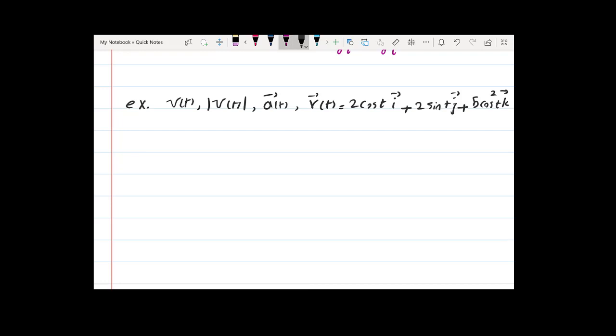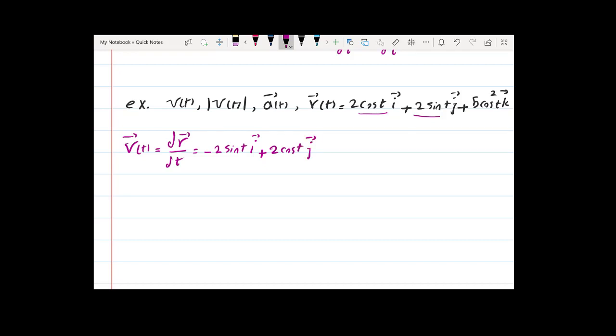Okay, the velocity vector is the derivative of r with respect to t. The derivative of 2 cosine of t is negative 2 sine of t i, plus the derivative of 2 sine of t, which is 2 cosine of t j.